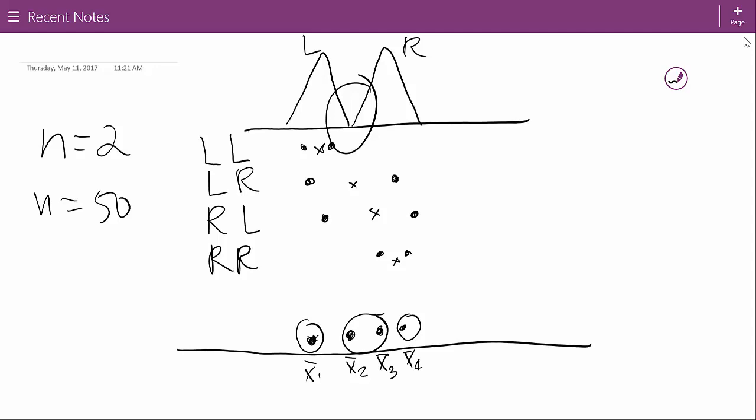Sometimes more imbalanced, for example 20 versus 30. Occasionally, rarely, I'm going to have highly imbalanced, like 15 versus 35, or 10 versus 40. But the majority of the points will be evenly distributed between the right side and the left side. So the majority of my samples are going to end up in the middle. That's where my averages are going to be.